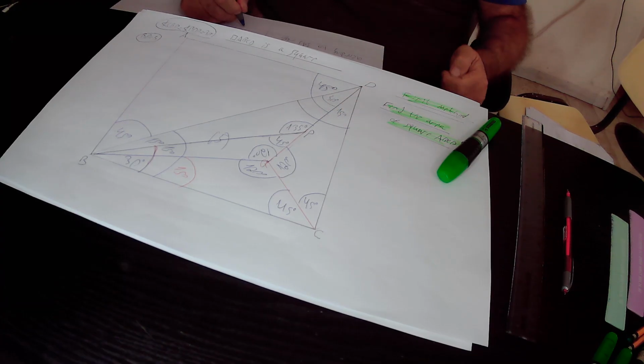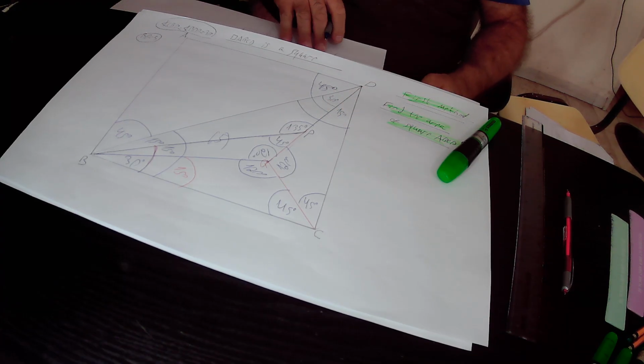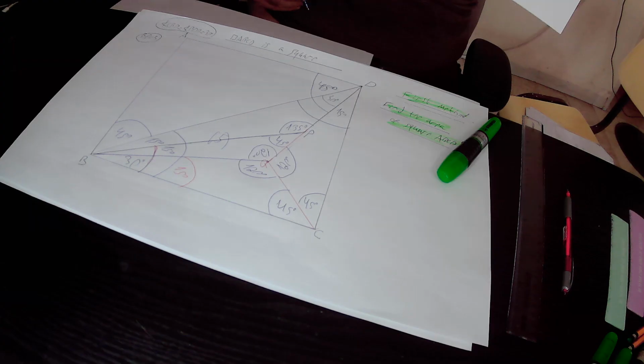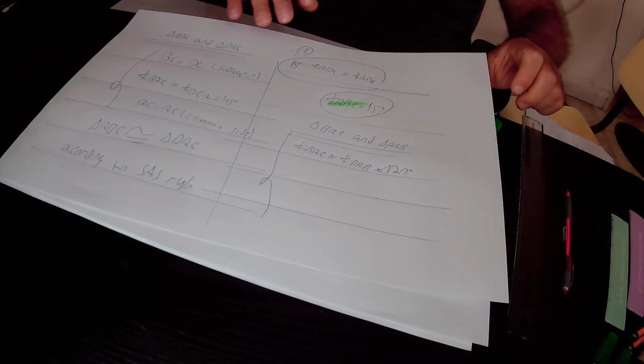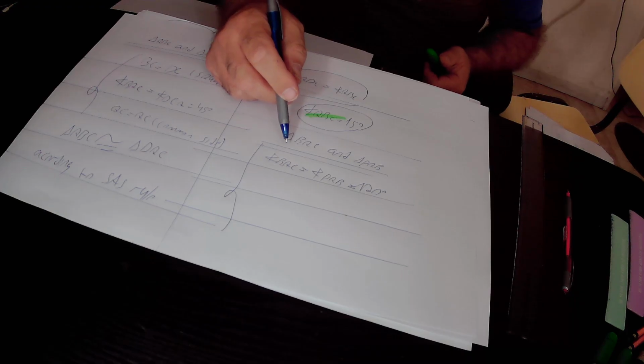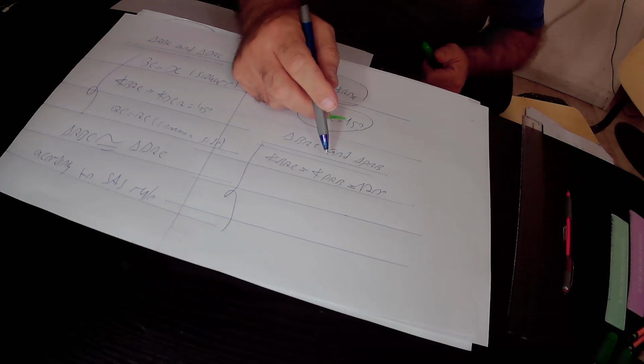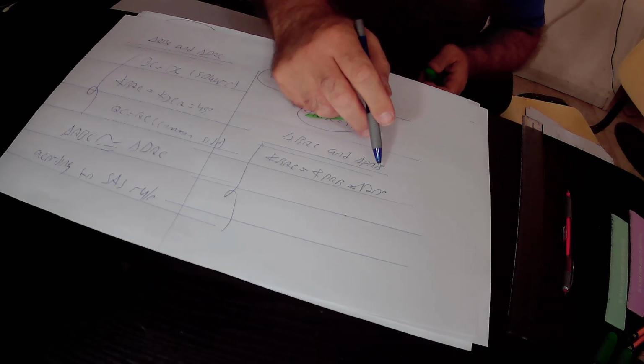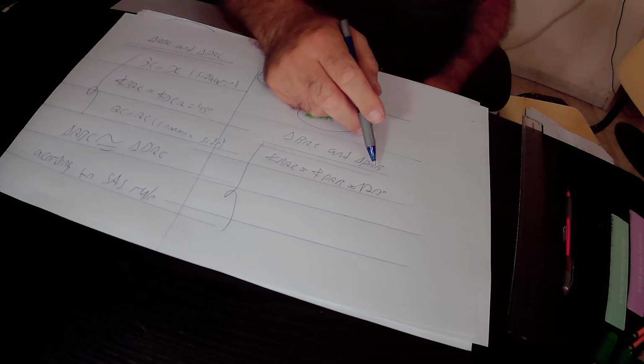Again, we find out that angle BQC in triangle BQC equals angle PQB in triangle QPB. They are both equal to 120 degrees and therefore they are equal to each other.